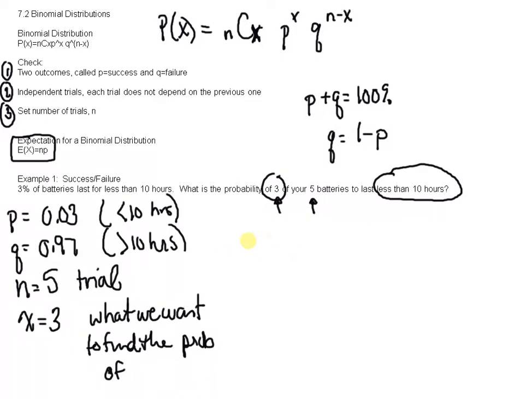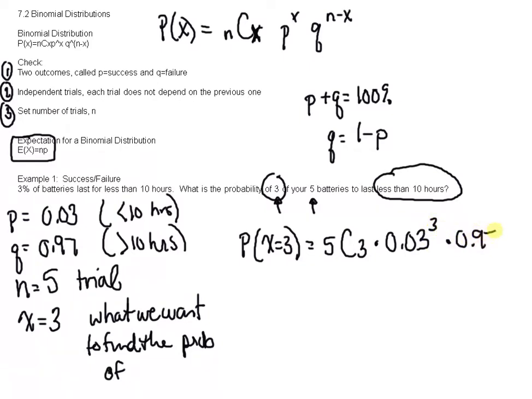Here we go: the probability that x equals 3. We first start with n choose x. So we have 5 batteries and we're choosing 3 of them. The probability of a success is 0.03, and we have 3 of those. The probability of a failure is 0.97, and we only have 2 of those.